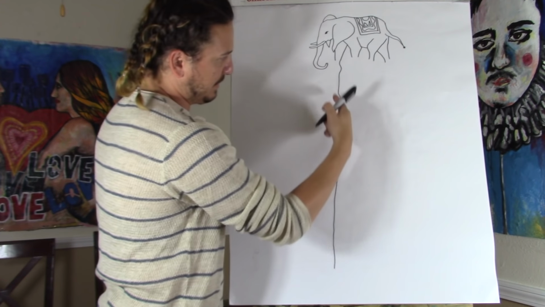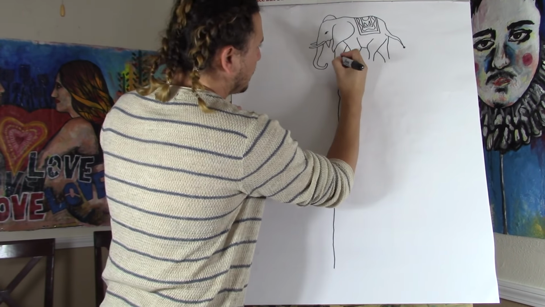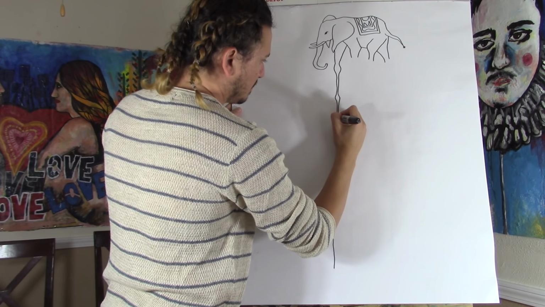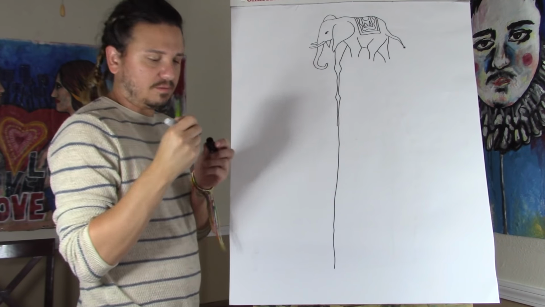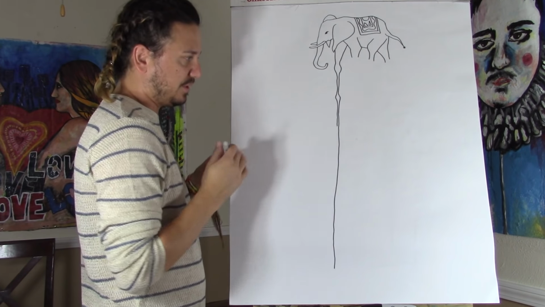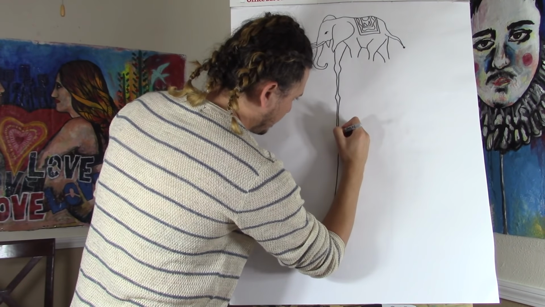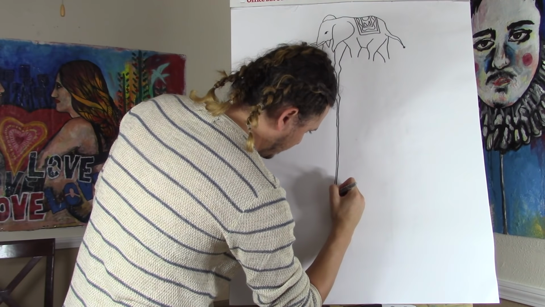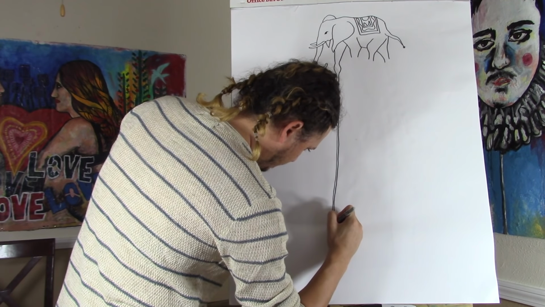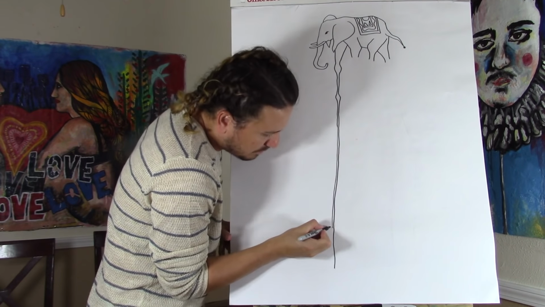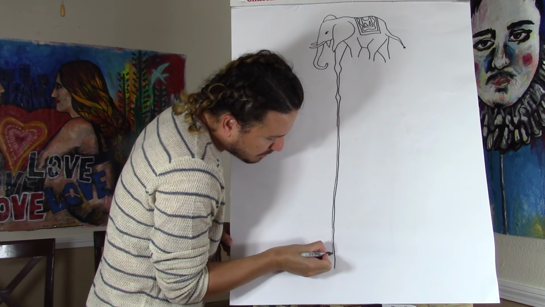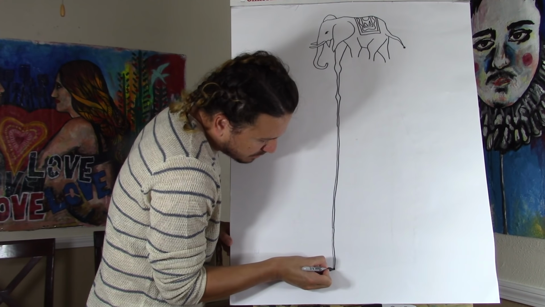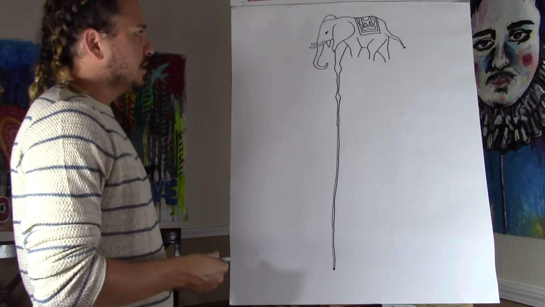And then you're just gonna mimic this line and bring it all the way to the bottom. Now, I'm gonna switch Sharpies because I feel like that's too thick. There's one leg.